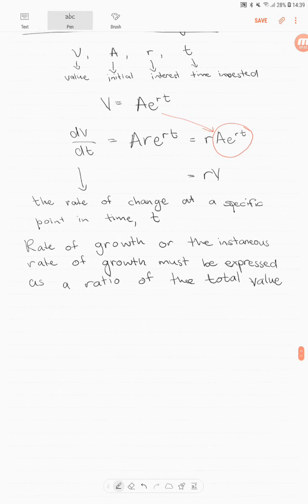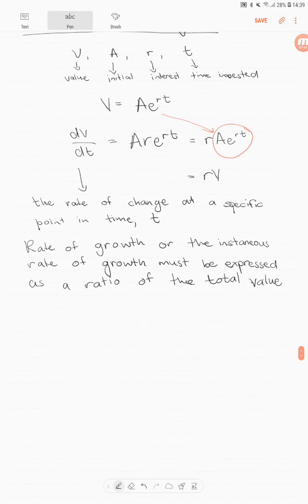What does that mean? Our instantaneous rate of growth is equal to the rate of change expressed as a ratio to the overall. That means rV over V is equal to r.